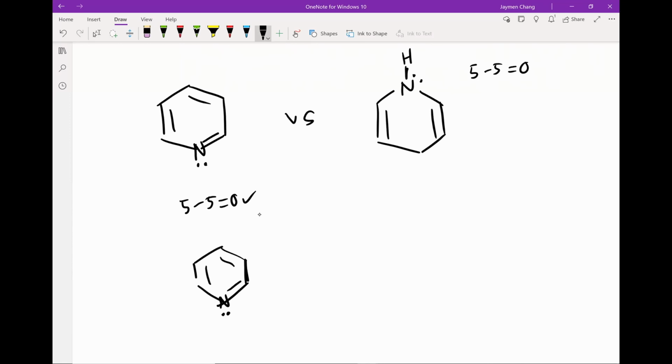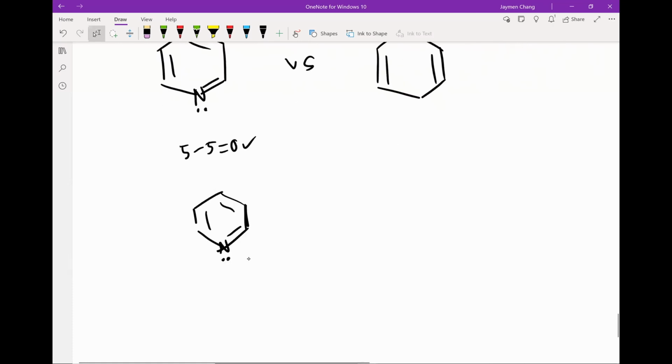And what we're going to see is that these electrons are going to be localized there. What I mean by localized is they can't move around. They can't participate in resonance. If you think about why that's the case, we're basically going to have our orbital here and this other spot for electrons.